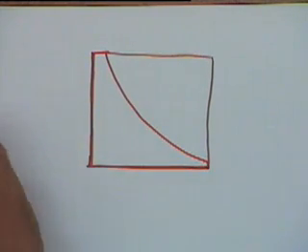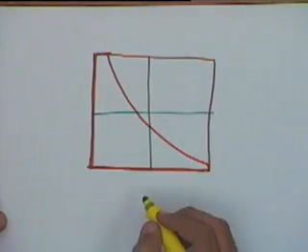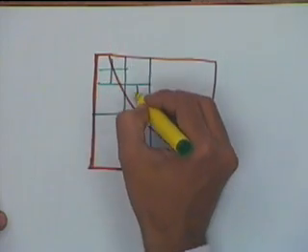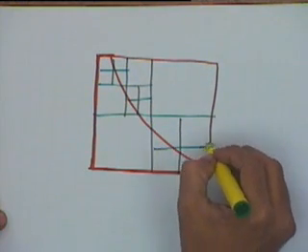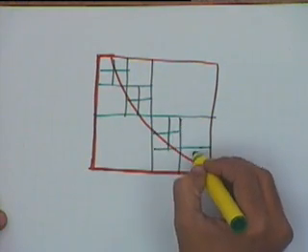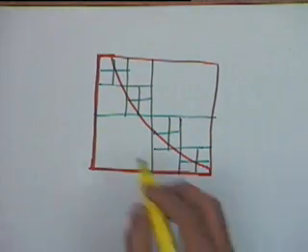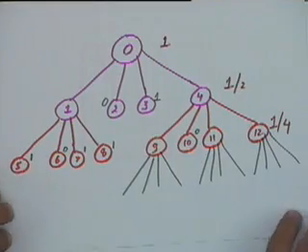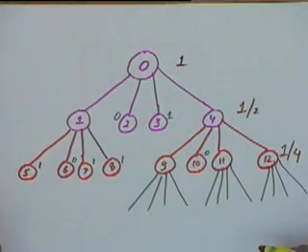I'll start by subdividing this into 4 parts. Again I'll subdivide this, subdivide this, and then possibly subdivide this way, and so on. Finally I get a representation which is something like this. Every node is divided into 4 parts and so on.